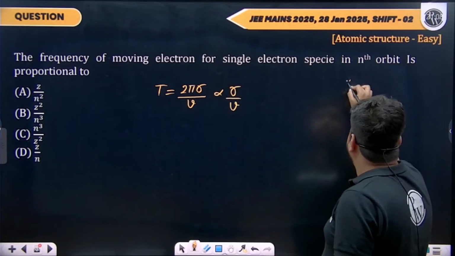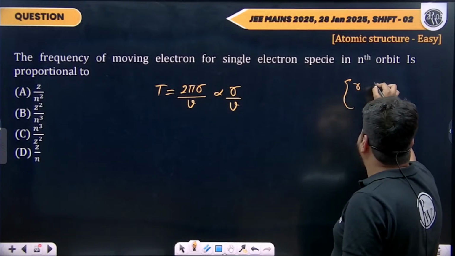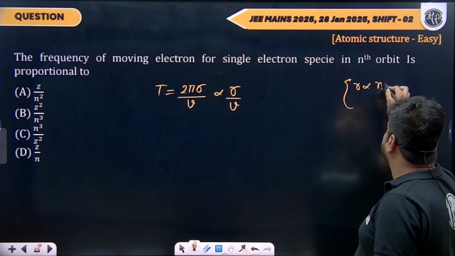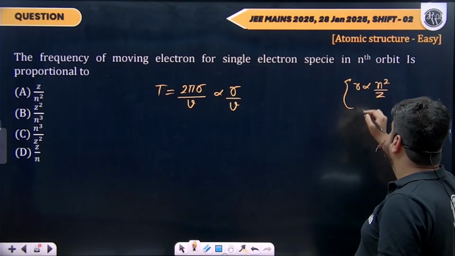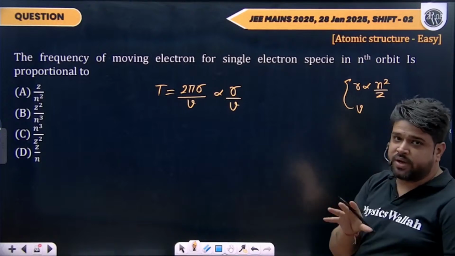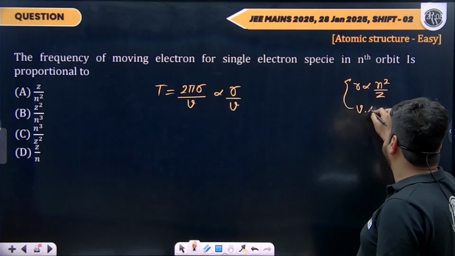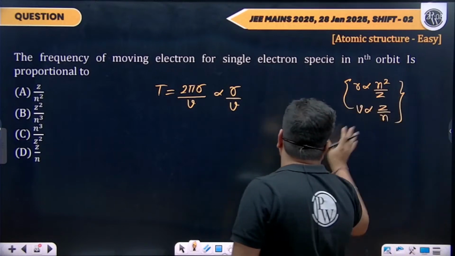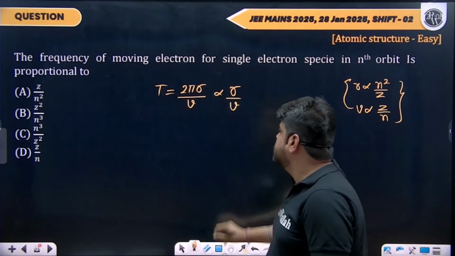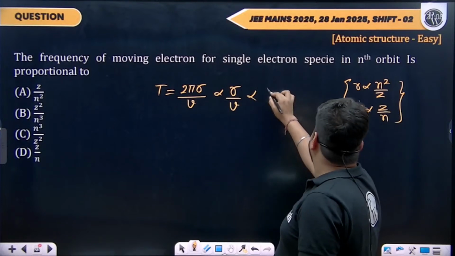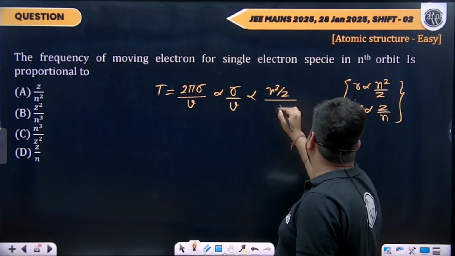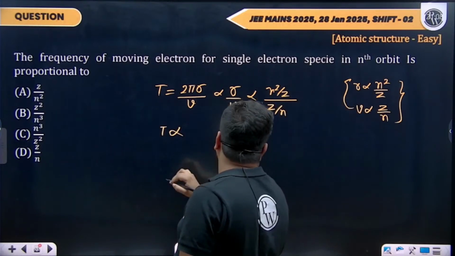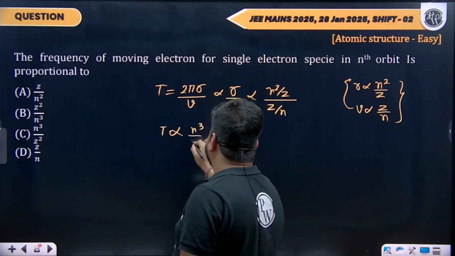And we know very well that the radius of a single electron species is directly proportional to n square by z, and the velocity in the nth orbit is directly proportional to z by n. So if we put these values here, n square by z and velocity z by n, time period is directly proportional to n cube by z square.